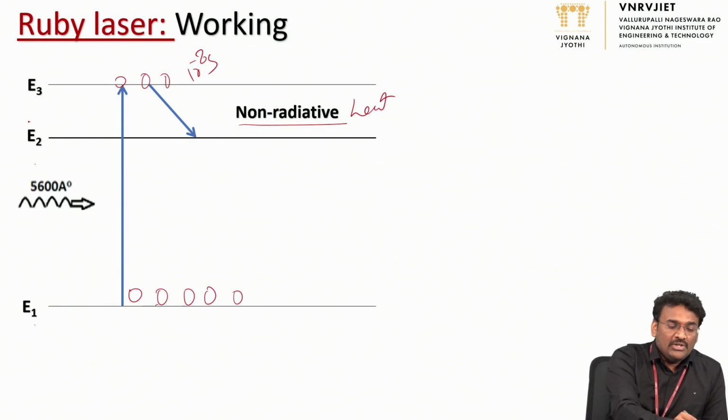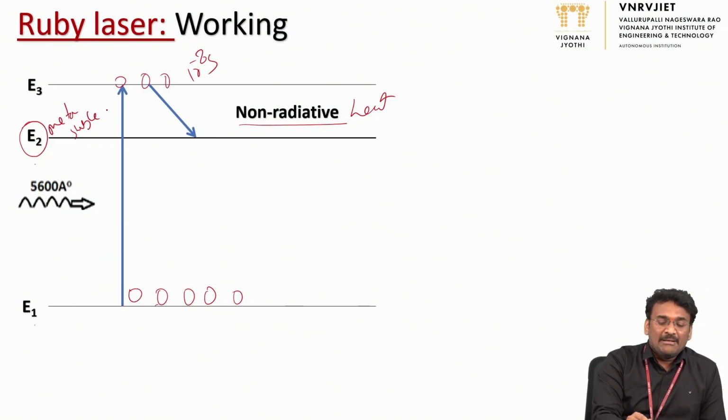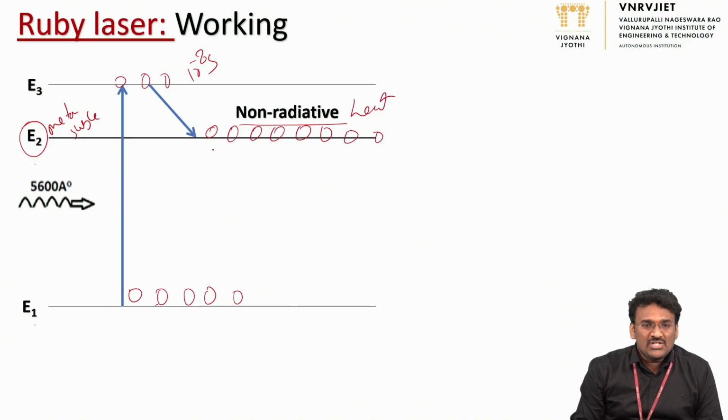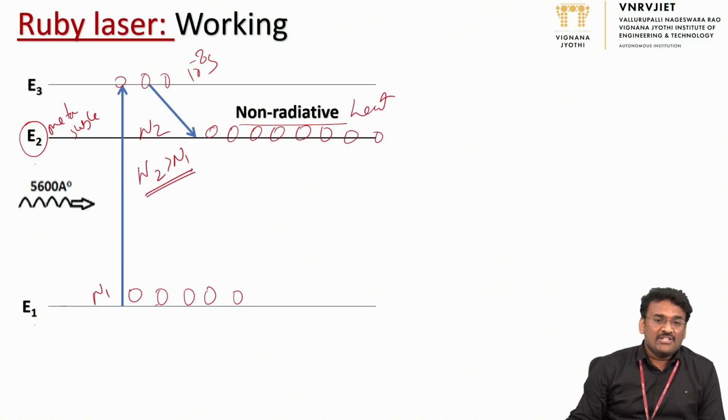E2 is a specialized state, what is called a metastable state. Here the particles stay for a sufficiently long time. More particles accumulate in the E2 state, and a situation arises where the number of particles in the E2 state is more than the number of particles in the E1 state. This leads to population inversion.